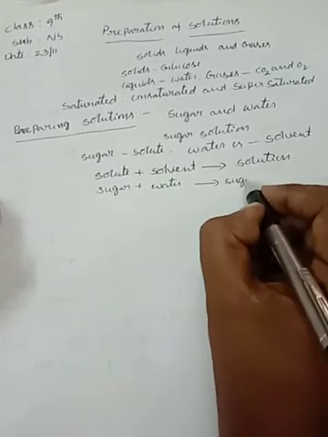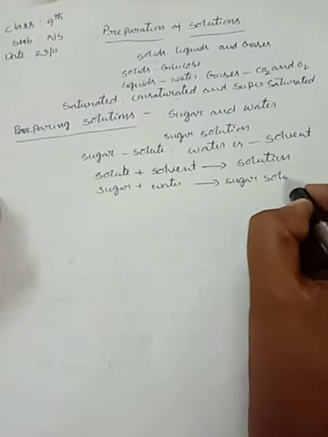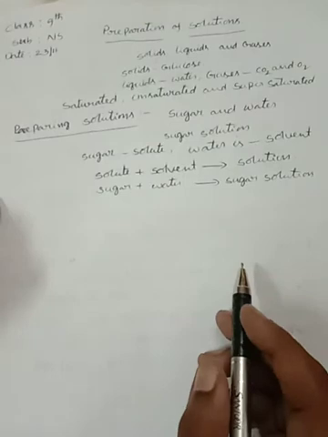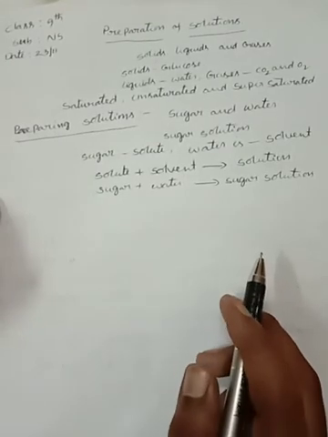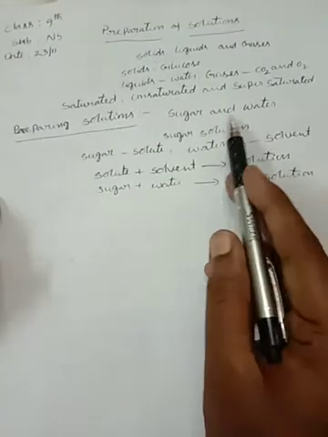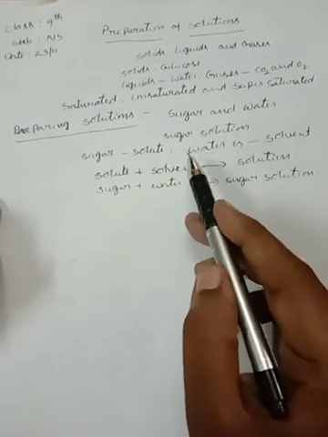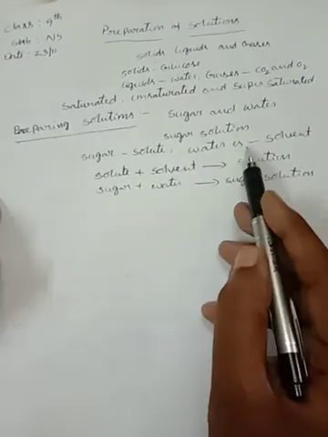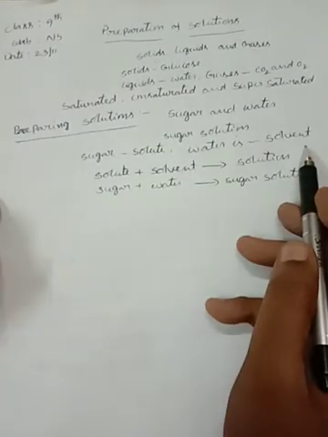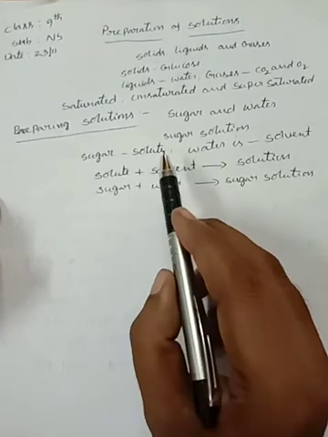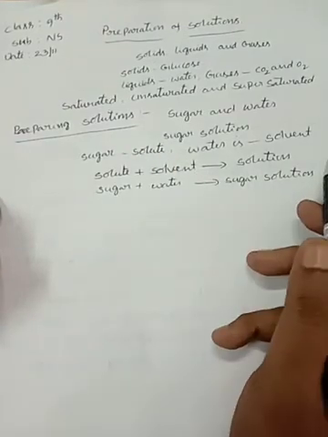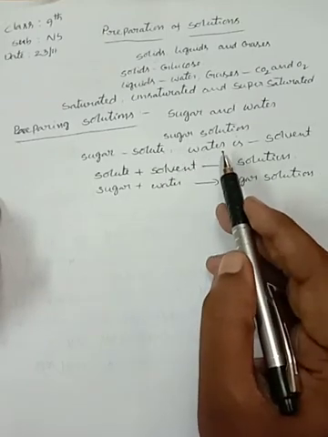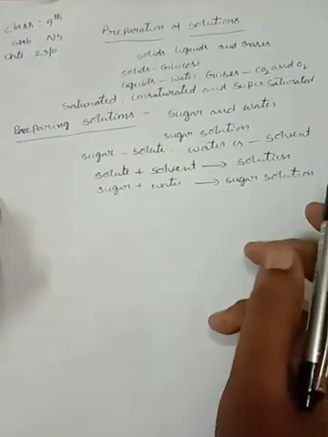Sugar solution. So, to prepare sugar solution, we need sugar and water. In sugar solution, sugar is the solute and water is the solvent. So, sugar dissolves in water, forming sugar solution.